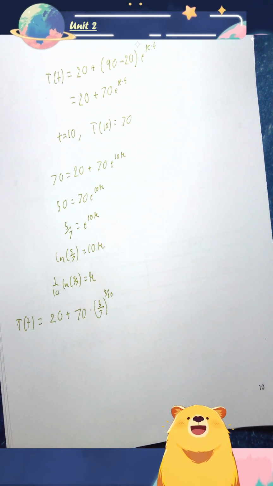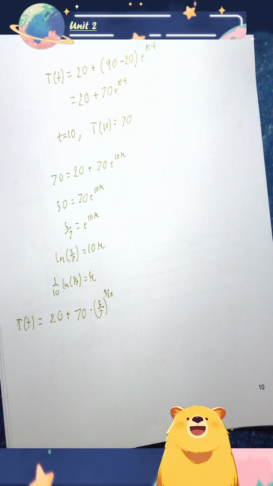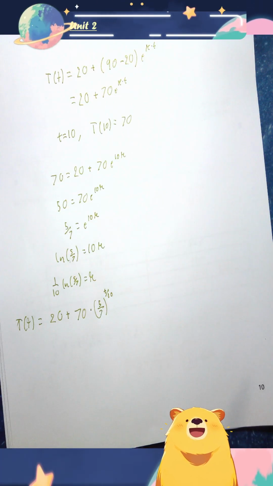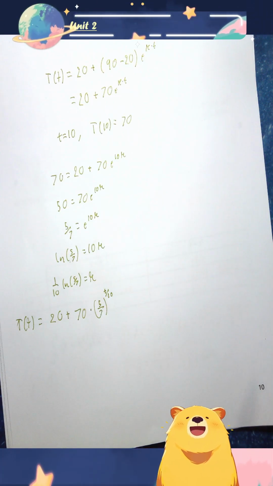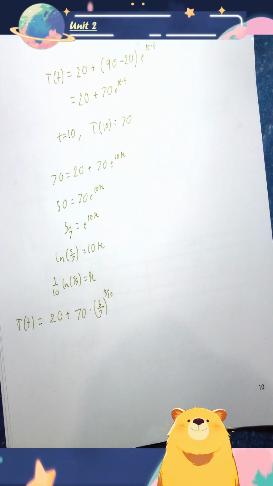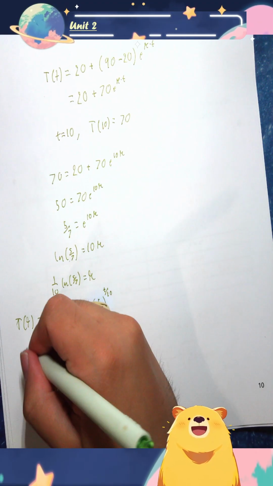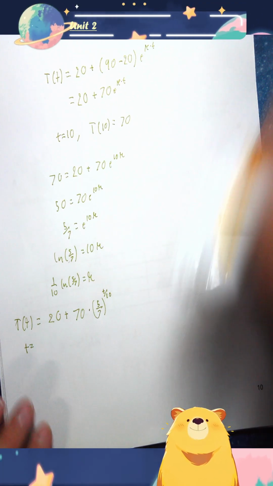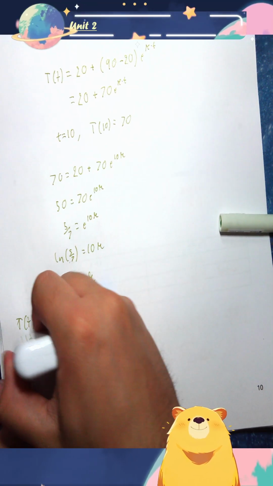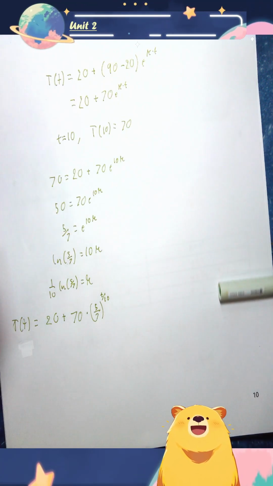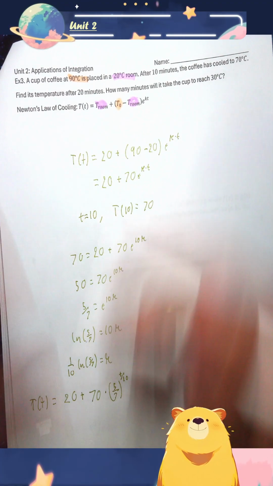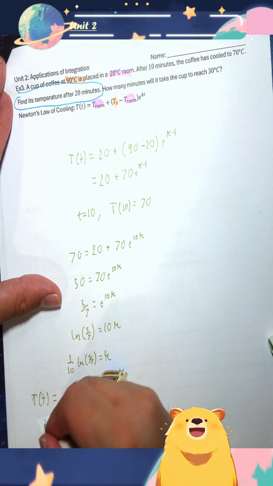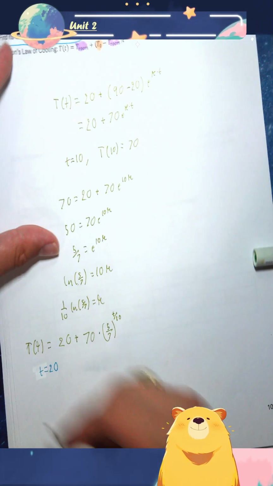Now, after getting this function, we're asked two things. First, we're asked to find the temperature at 20 minutes, and then we're also asked how long until the cup reaches 30 degrees. So let's do the first part, where they ask what's the temperature at 20 minutes, so that means t is equal to 20.